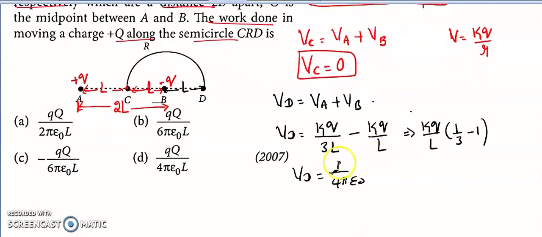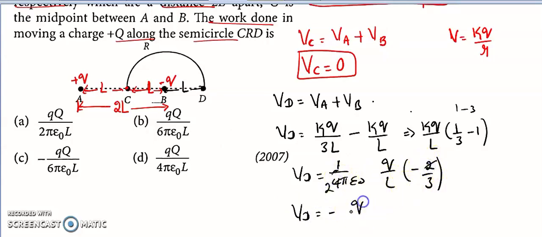So 1 by 4 pi epsilon naught, Q by L, times 1 minus 3, that is minus 2 by 3. So the potential at D is minus, 2 cancels with 2, Q divided by 6 pi epsilon naught L, where the charge is Q.